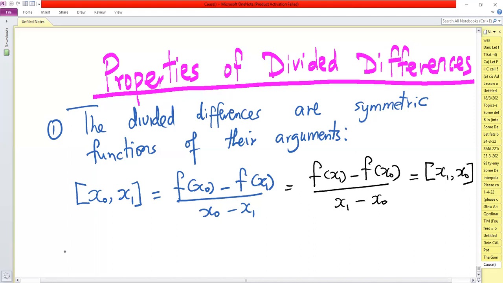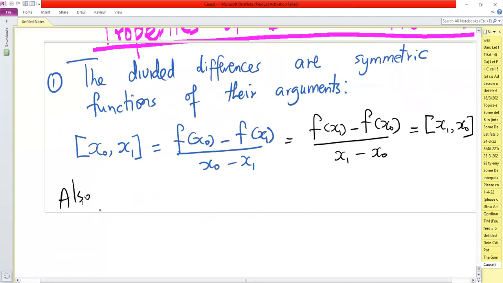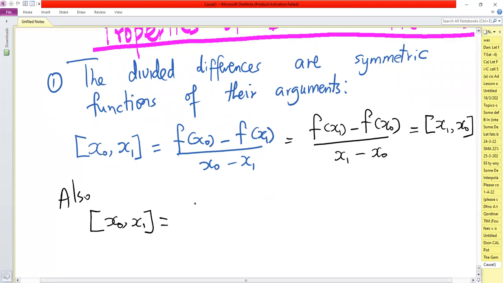Similarly, we have the first divided difference of x0 and x1 given by f of x0 minus f of x1 divided by x0 minus x1.